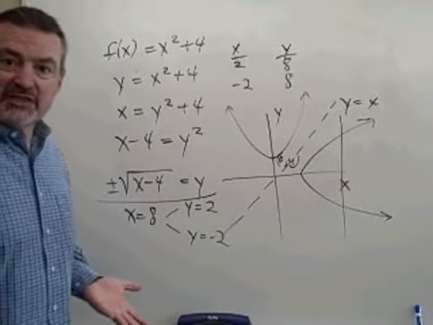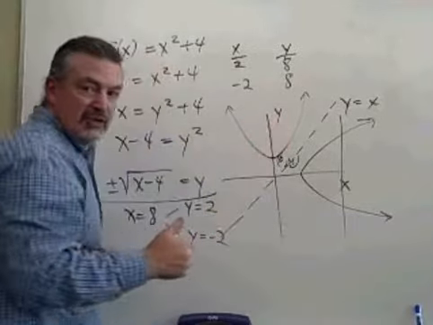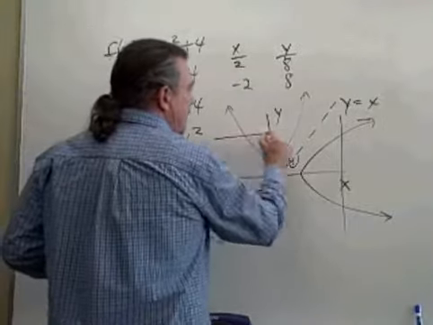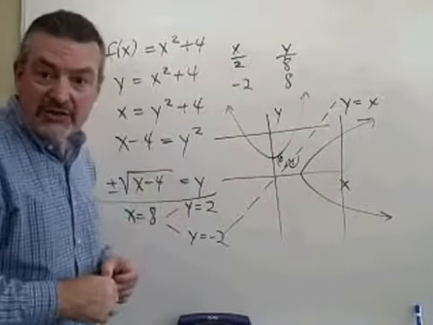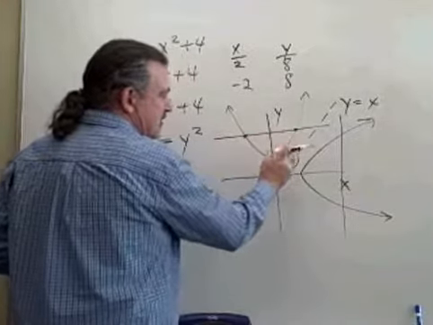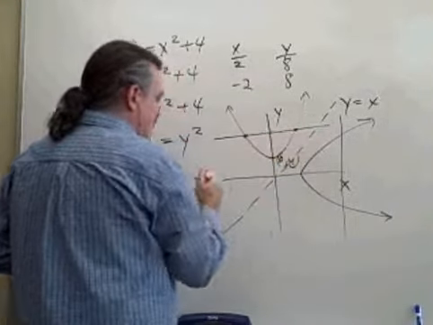And that actually gives us another test, to test a function to know whether or not its inverse would be a function. If the function fails the horizontal line test, 2 values of x give us the same value of y.